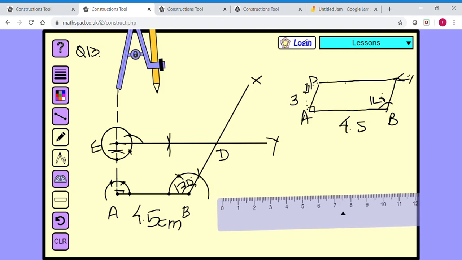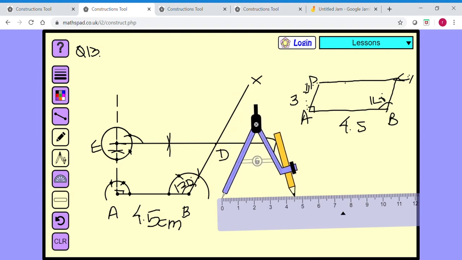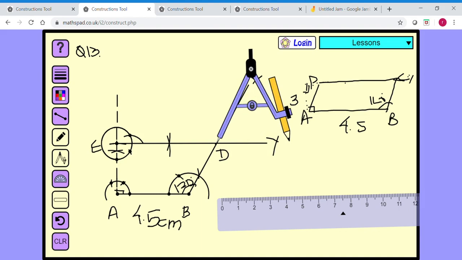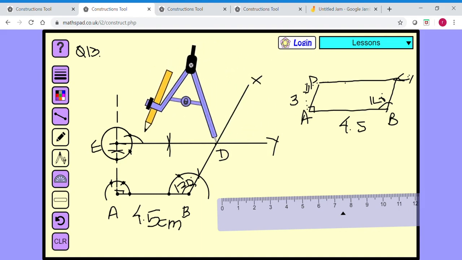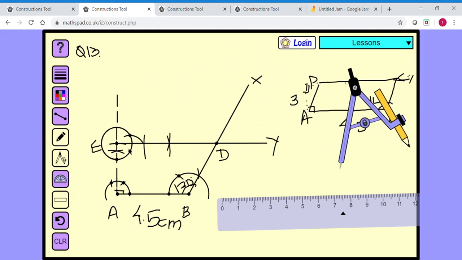So let me measure 4.5 from D. This is 4.5, and I keep it on D and cut 4.5 somewhere here. Perfect. So I pick it up and remove my compass. This point is point, oh, my mistake. This is point C. Sorry about this.